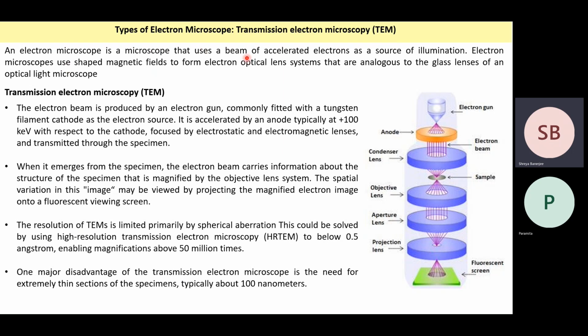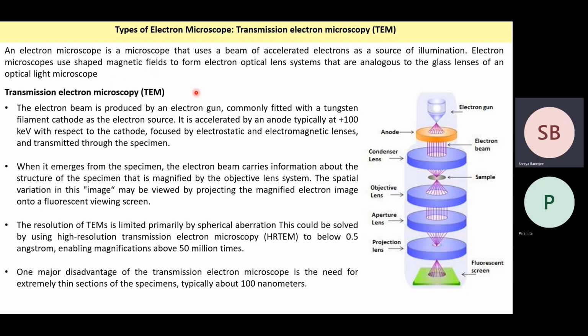An electron microscope uses a beam of accelerated electrons as a source of illumination. Electron microscopes use shaped magnetic fields to form electron optical lens systems that are analogous to the glass lens of an optical light microscope.